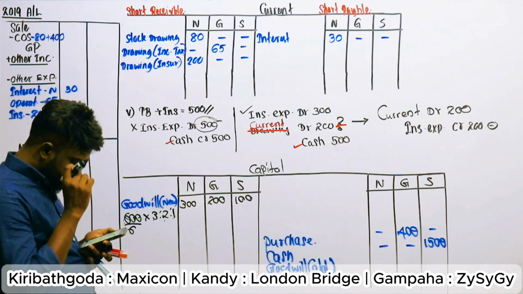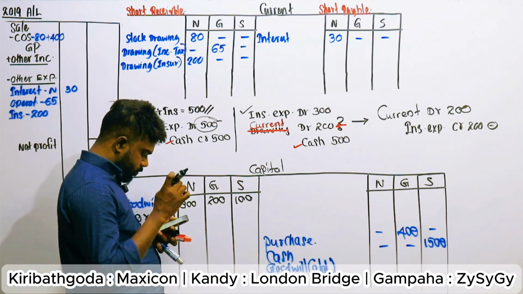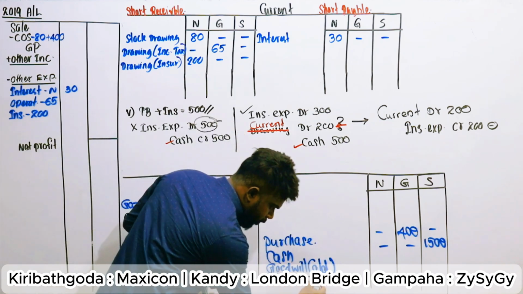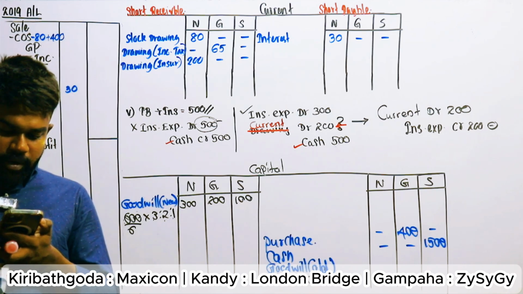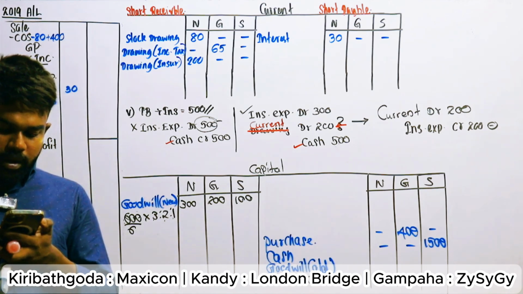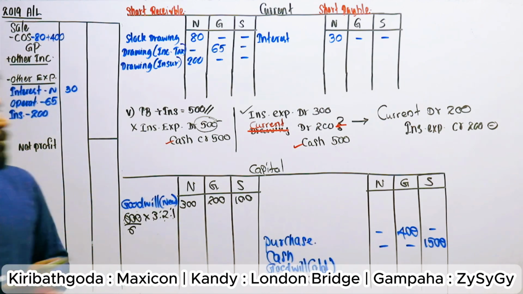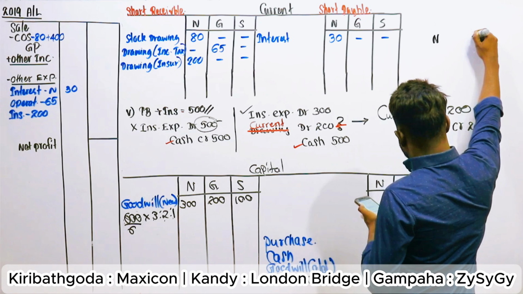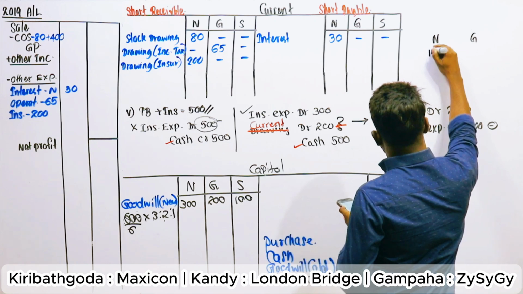Next one, what's the old ratio? Tell me, what's the old ratio? Look at the agreement of the business: in the ratio of capital introduced. Look at Nadi and Ganga. Land 1500, look at the question.